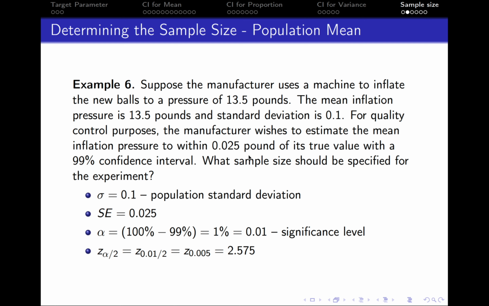And since we're asked to use a 99% confidence interval, we can get the significance level, which will be just 1% or 0.01. And the critical z-score value for 1% over 2, this will be the critical z-score for 0.005, which we can get from the table of critical values, and we know that this is equal to 2.575.